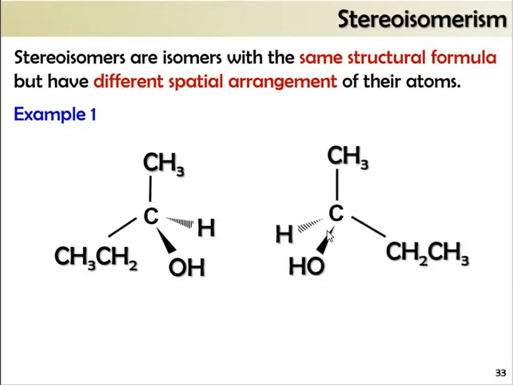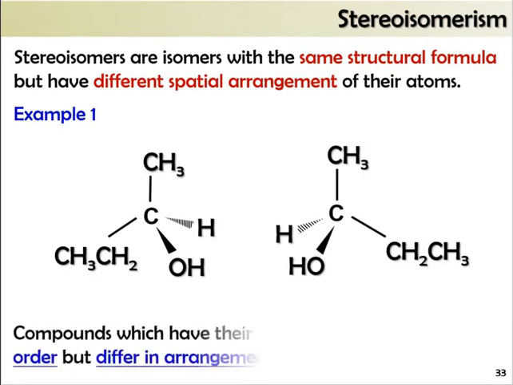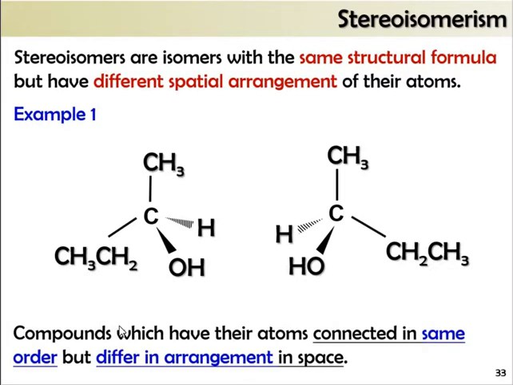Alright, so we look here, CH3, and here the CH2CH3, dia punya arrangement dia berbeza for both of the structure. Compounds with their atoms connected in same order but differ in arrangement in space. Itu adalah stereoisomerism.